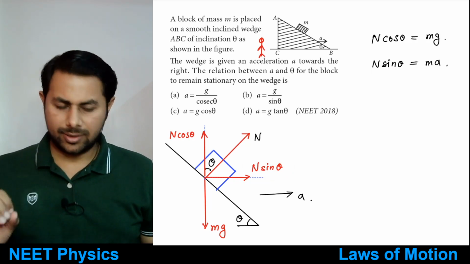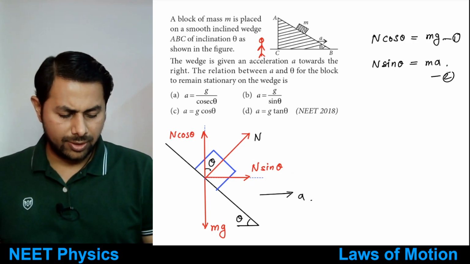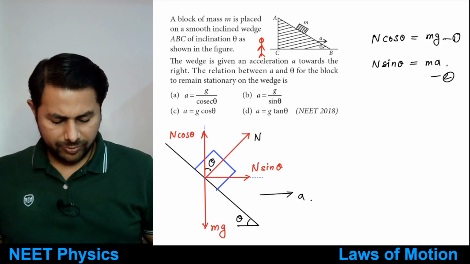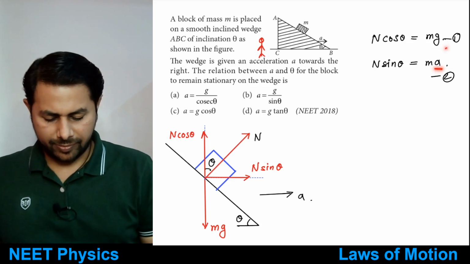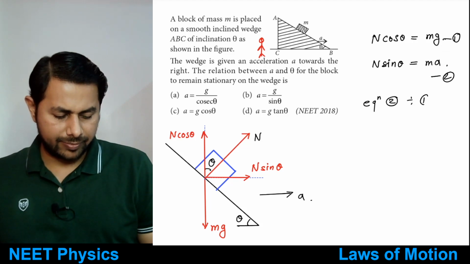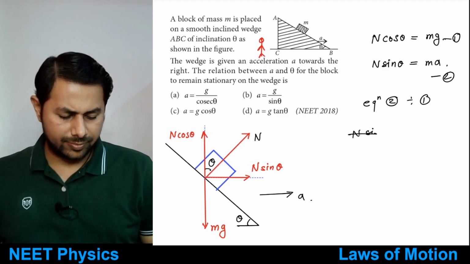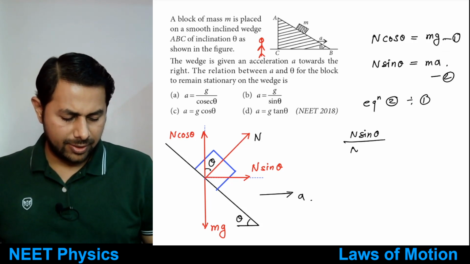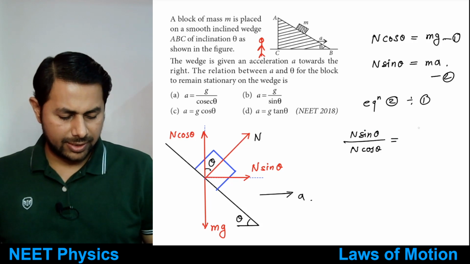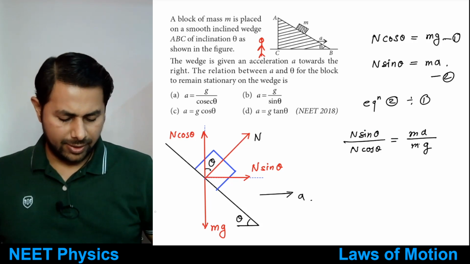We wanted to find a, so this is equation 1, this is equation 2. We can divide equation 2 by 1. On the left hand side, we get N sine theta divided by N cos theta, and that's equal to m times a divided by m times g.